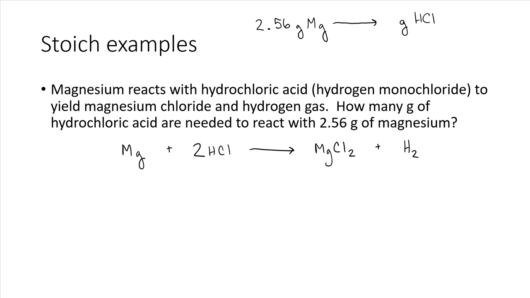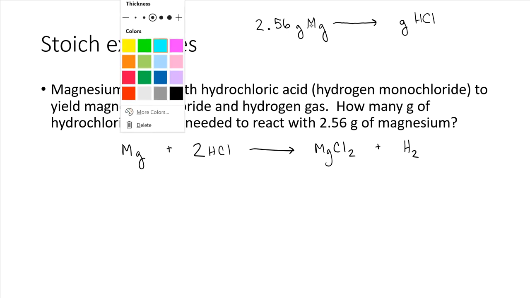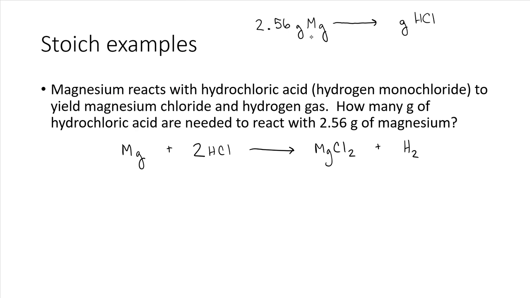There is no way to get there in one step. We have two different compounds. One compound is magnesium, one compound is hydrochloric acid.